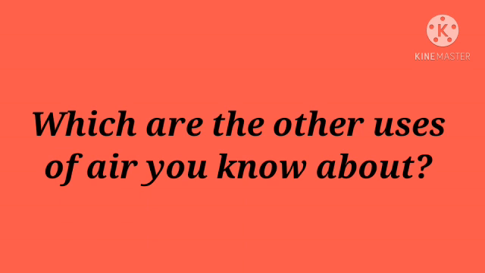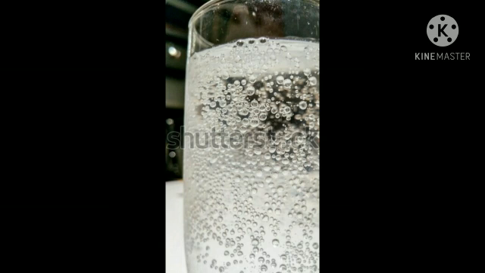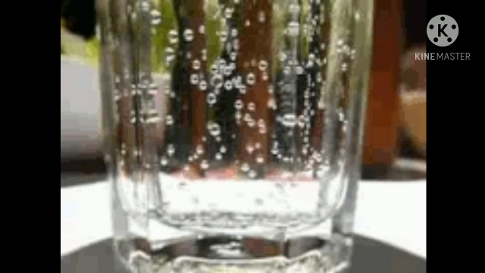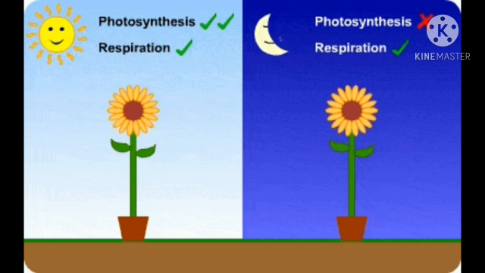Which are the other uses of air you know about? You have learned that the gas that fizzes out of soda water is carbon dioxide. This gas is present in small quantities in air too. You have also learned that plants make their food using air and water in the presence of sunlight.